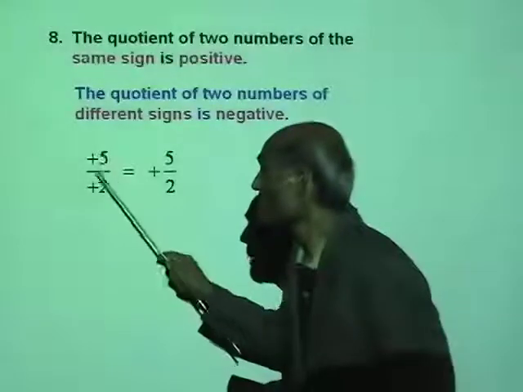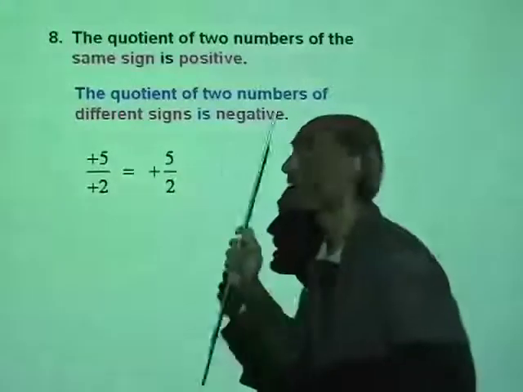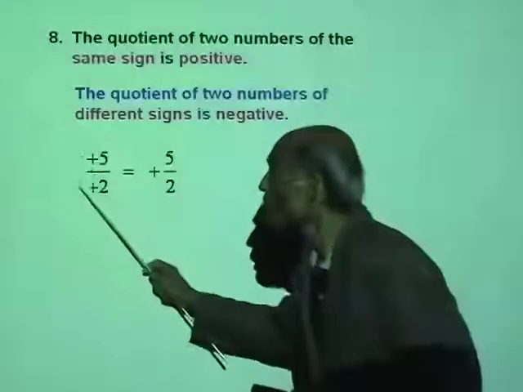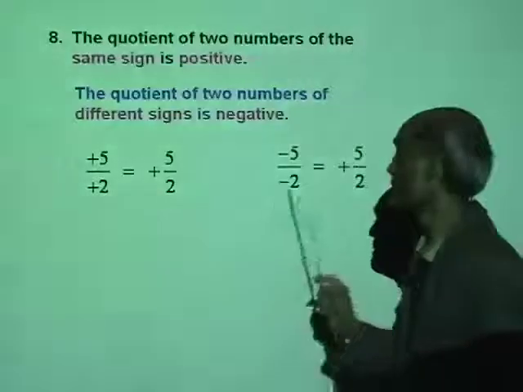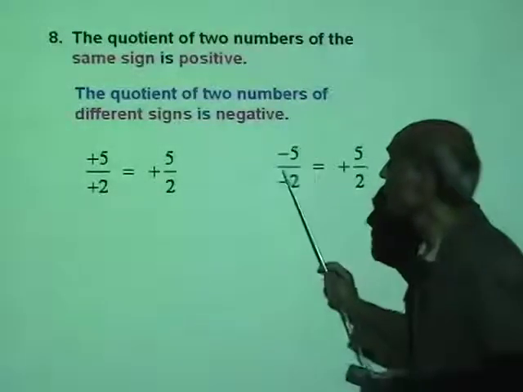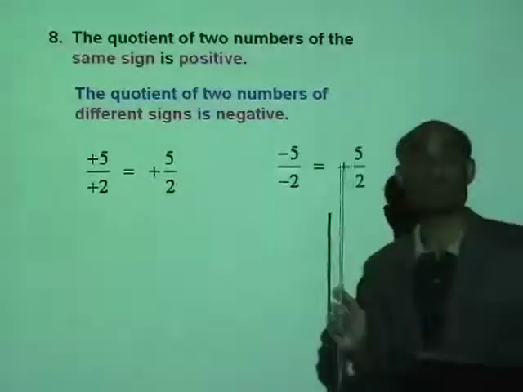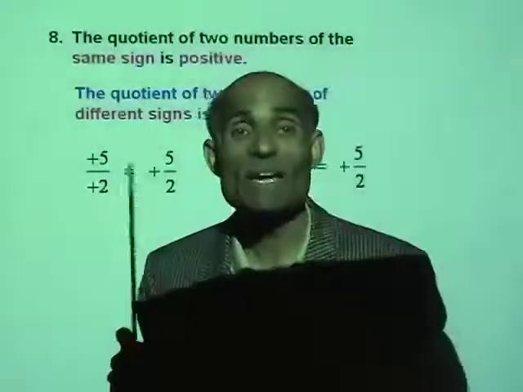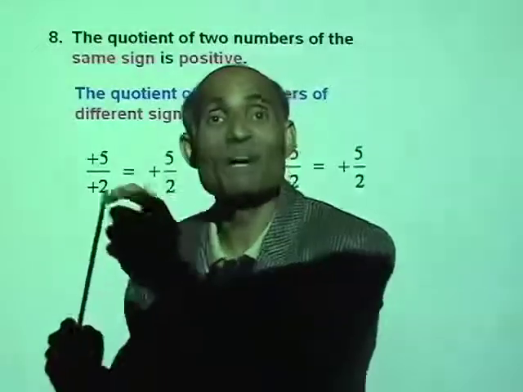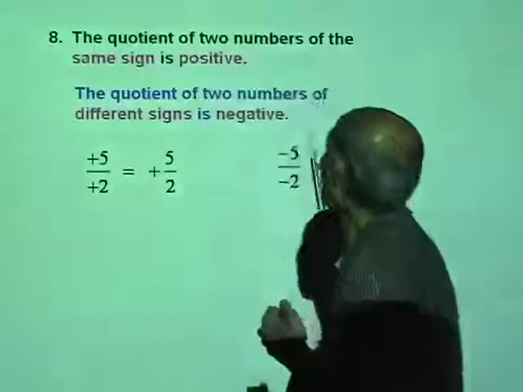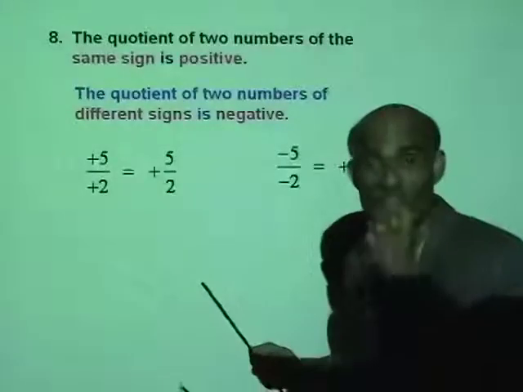Now, plus 5 divided by positive 2 is positive 5 over 2. Quotient of two numbers of the same sign will be positive. Similarly, negative 5 divided by negative 2 is positive 5 over 2. In the same way, a negative number multiplied by a negative number is positive. A negative number divided by a negative number is positive.